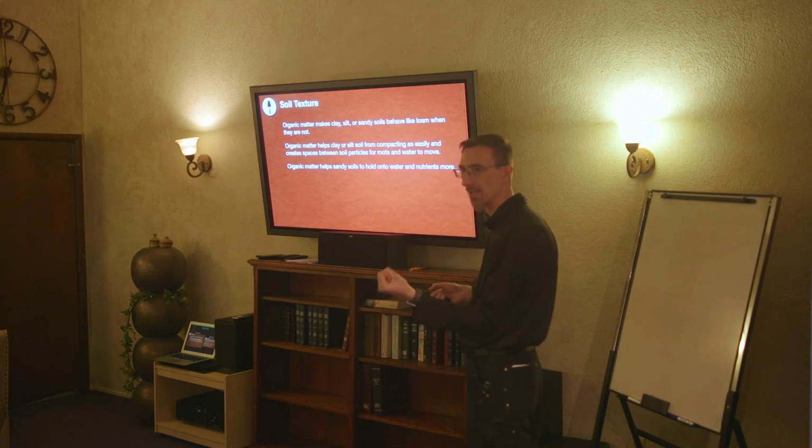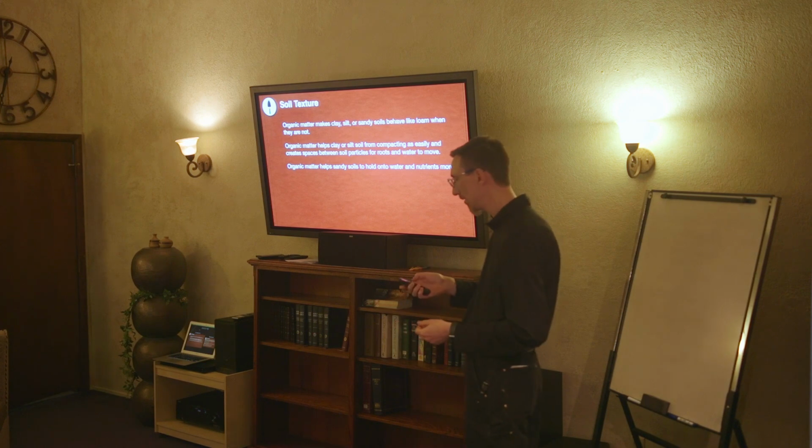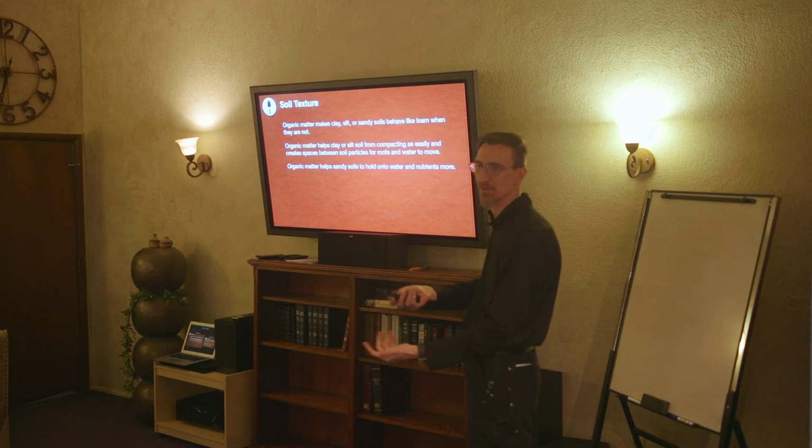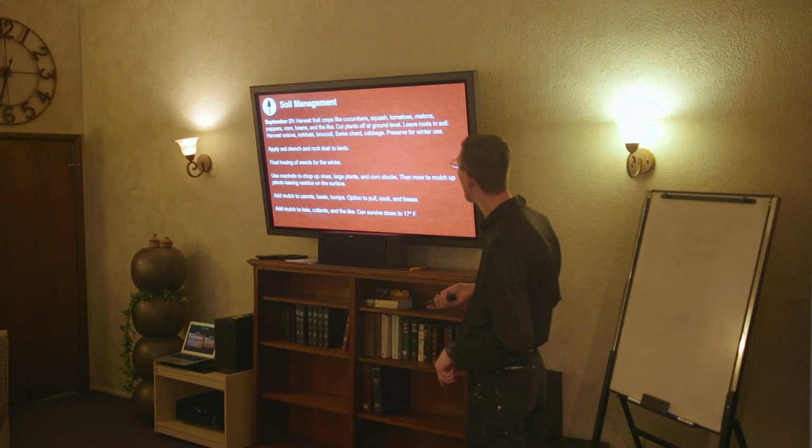You want it to hold together, but also break apart when you smash it. You don't want it to just squish and do nothing, or just fall through your hands. You want it kind of intermediate. Organic matter also helps sandy soils hang on to nutrients better.